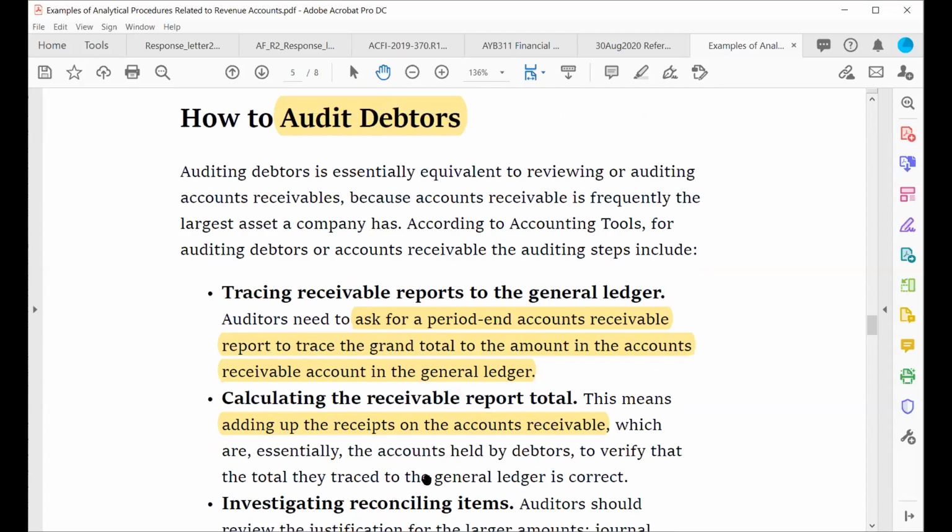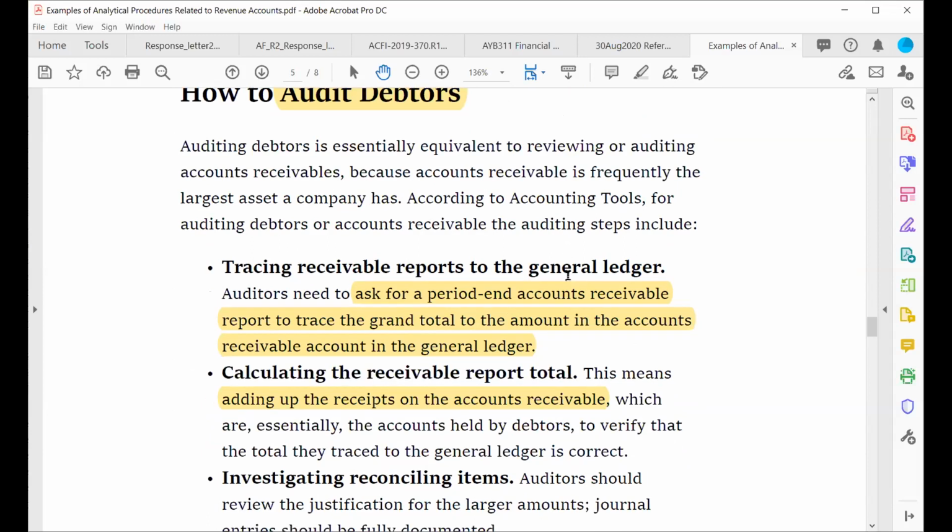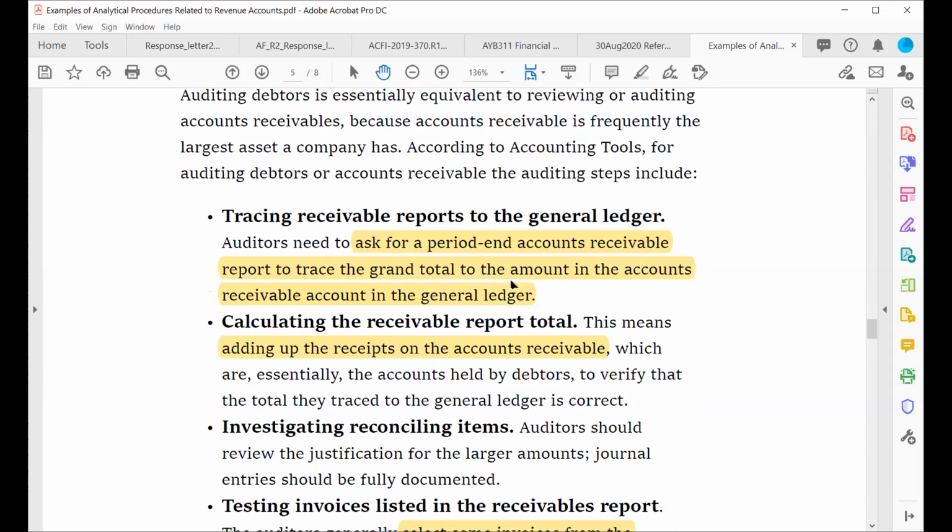We should also focus on the confirmation of accounts receivable. As we mentioned before, for the audit data for the accounts receivable balance, the most powerful documents for us to check are the confirmation documents. But in addition to the confirmation documents, there are also necessary procedures for us to follow.